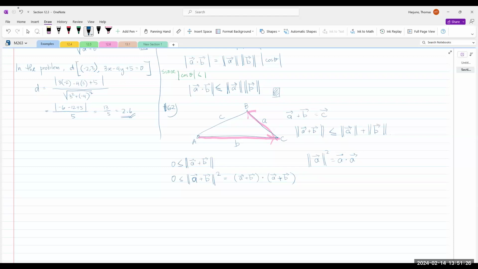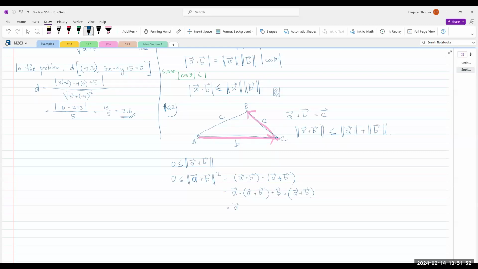So if your vector now instead of A becomes A plus B, then we will have A plus B dot A plus B. And then we will use the distribution property. This is A dot (A plus B) plus B dot (A plus B). I will apply that further.